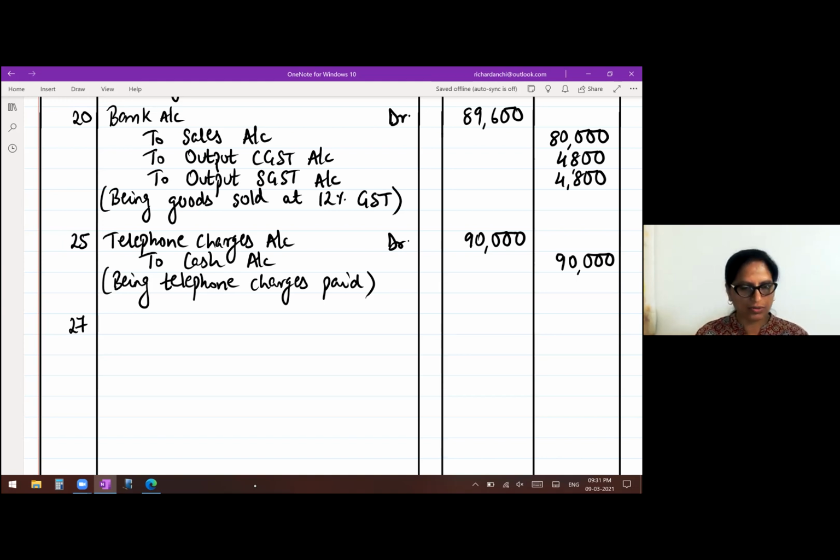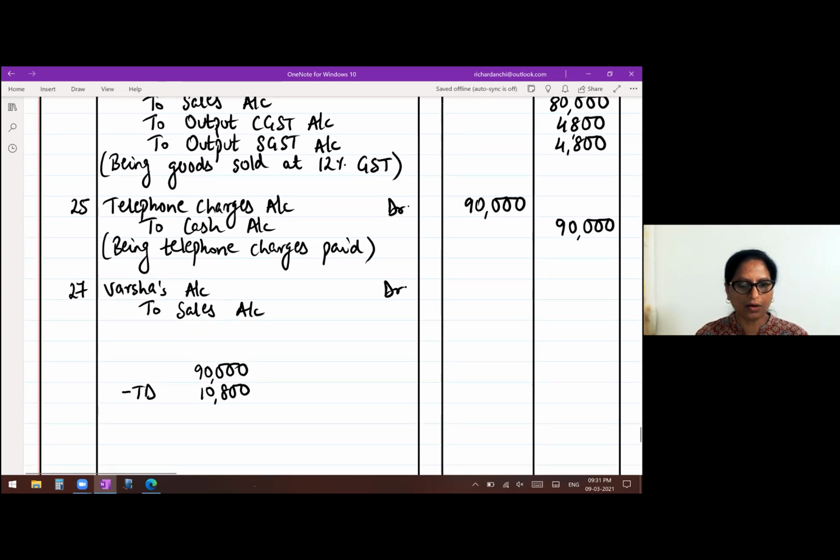So here the two accounts, one is Varsha's account and the other is sales account. So write the entry, Varsha's account debit to sales account. Okay, so what is the calculation? 90,000 and 12% trade discount. So 12% of 90,000 is 10,800.